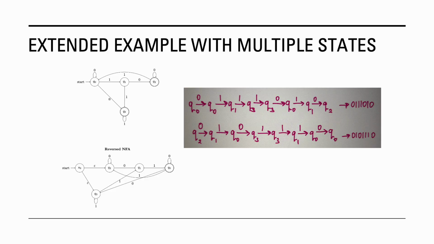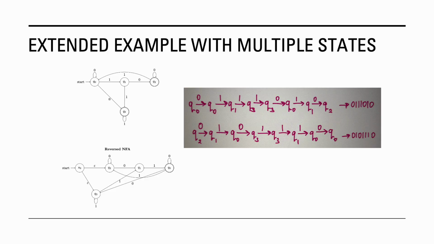When it came to constructing the NFA, Q0 will always be the accept state, because in a DFA we always start from Q0, so it only makes sense that the reverse of the string would end in Q0 in the reversed NFA.